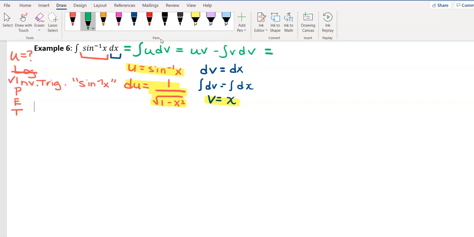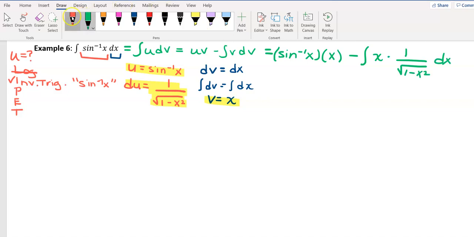So u is the inverse sine, and v is x minus the integral of v, which is x, times du, which is 1 over the square root of 1 minus x squared dx.